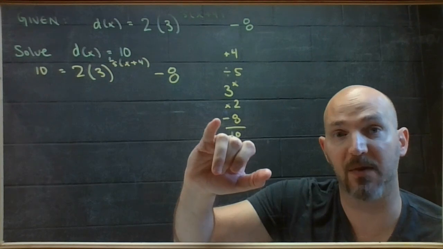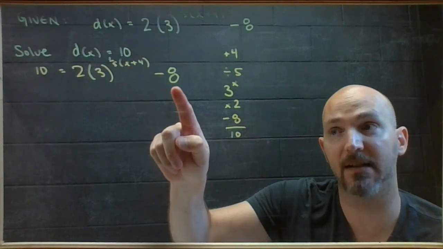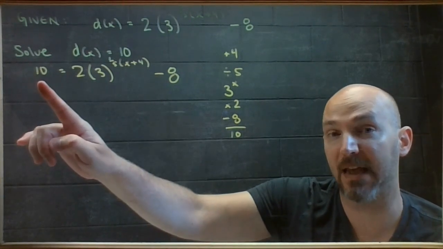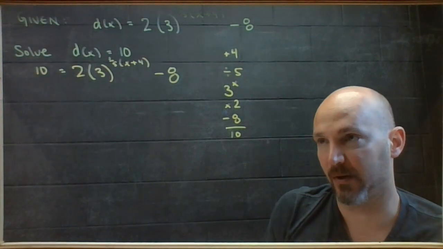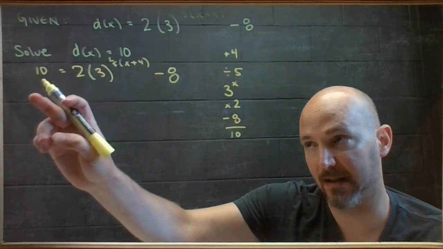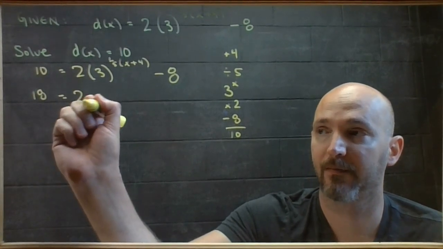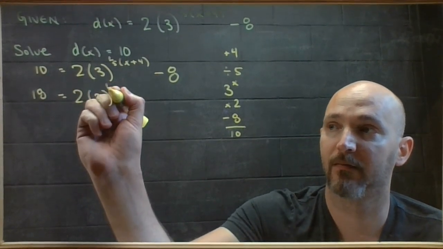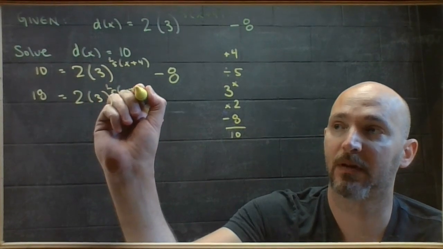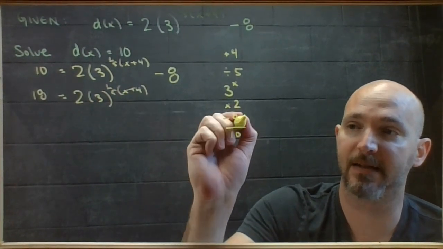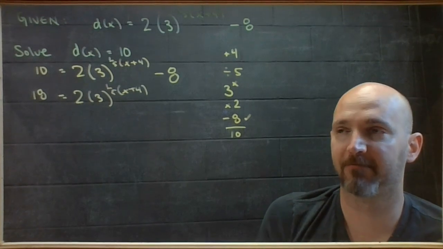Well, you undo subtracting by adding. So if I hadn't done this, this would be 8 more. So if I add 8 to this, I get 18. And this piece has successfully been undone.